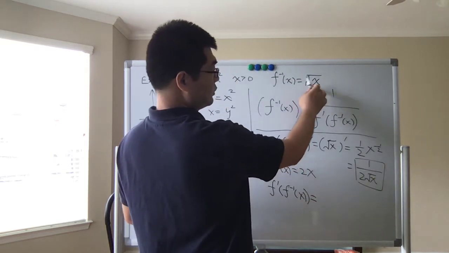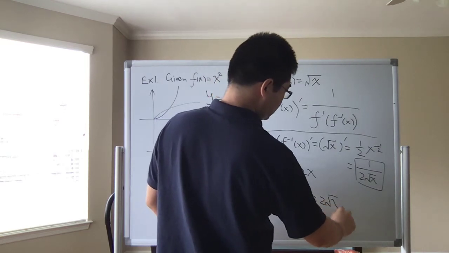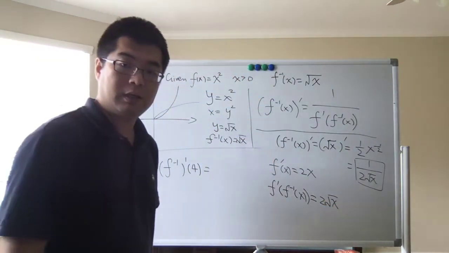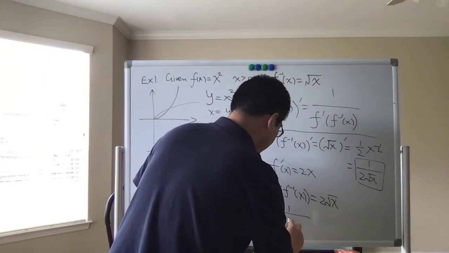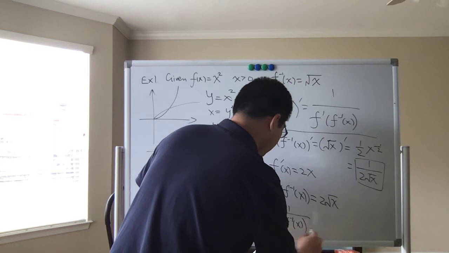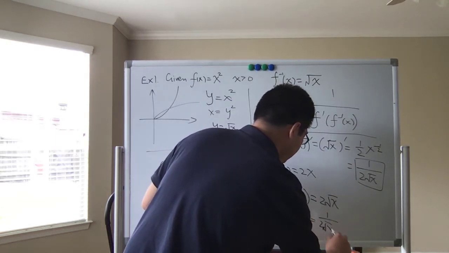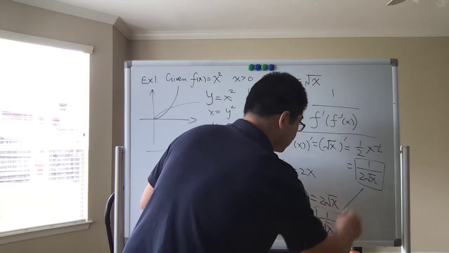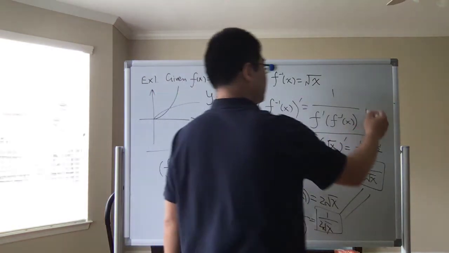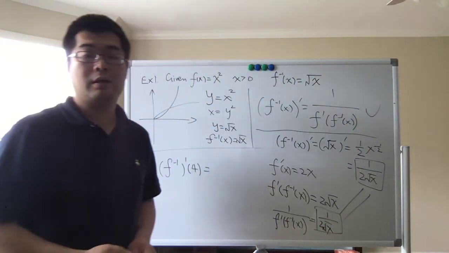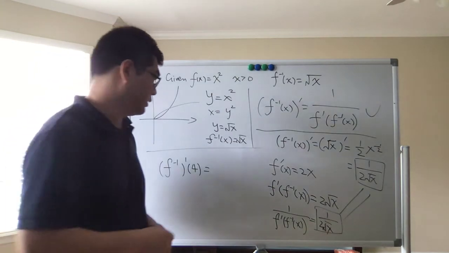It is equal to 2 square root of x. Do you agree this part is 2 square root of x? And then the reciprocal of that is 1 over 2 square root of x. Do you see those two parts match? That means so far so good. The derivative rule for inverse functions actually works.